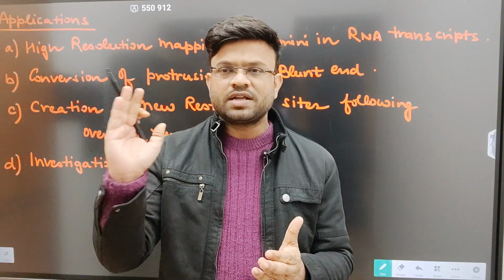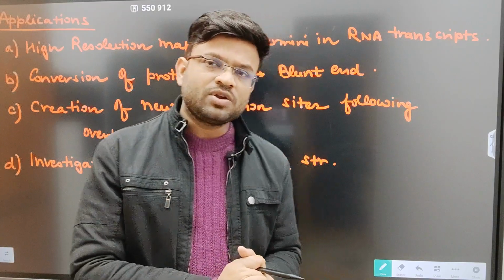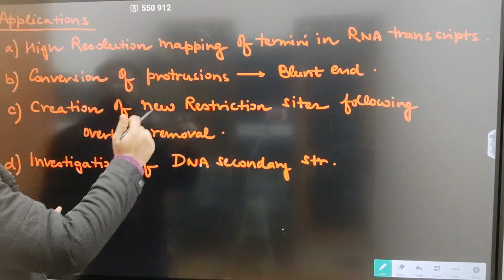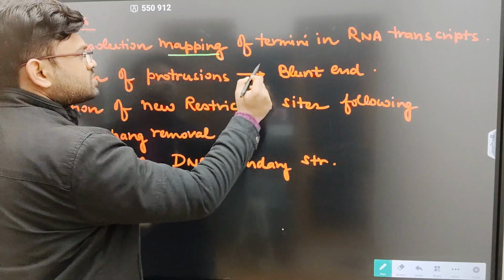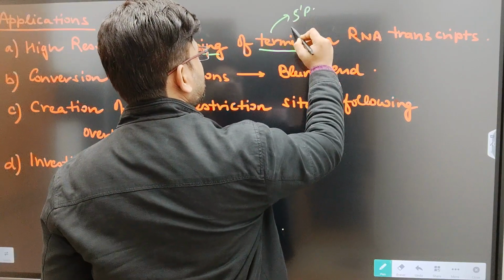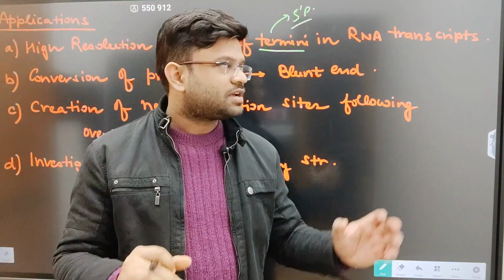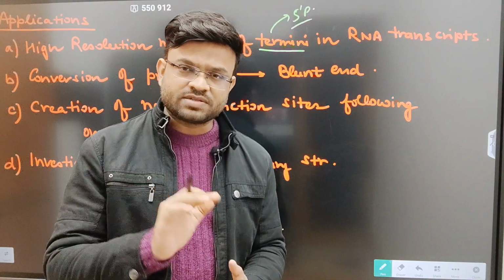When you start cutting a particular RNA from the 5' end, you would be able to map the termini, because you are starting from the 5' end, right? You will be able to identify, or map, the nucleotides that are present in the RNA. This is the first thing.